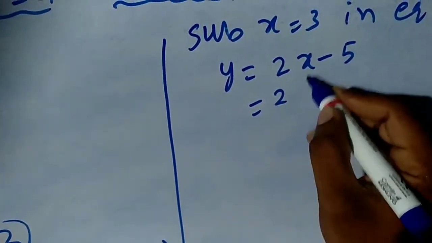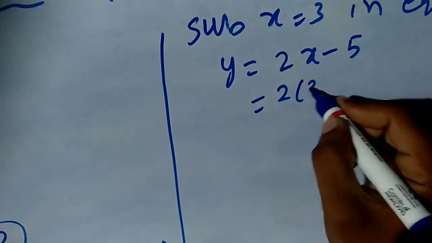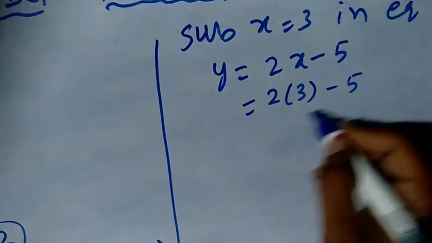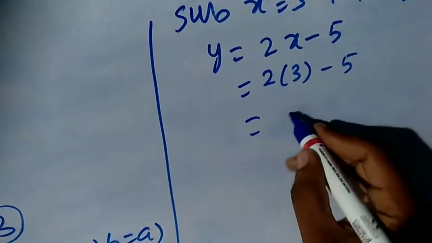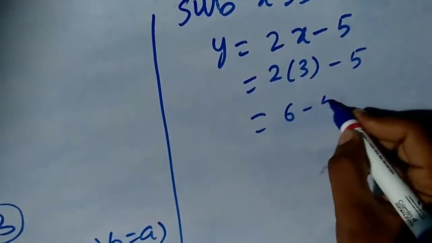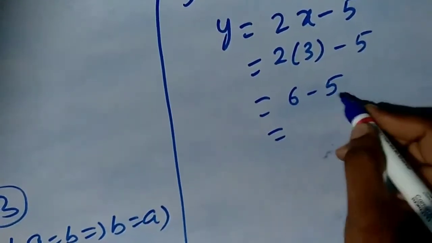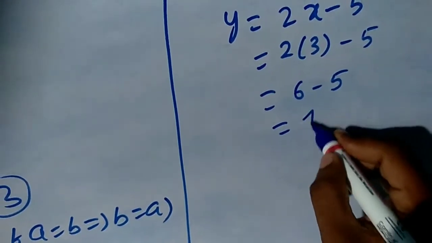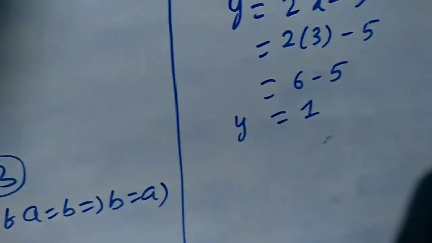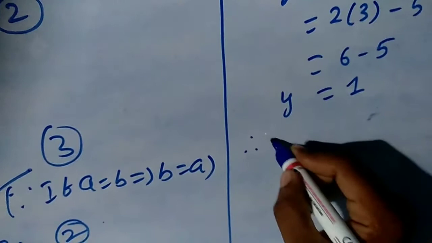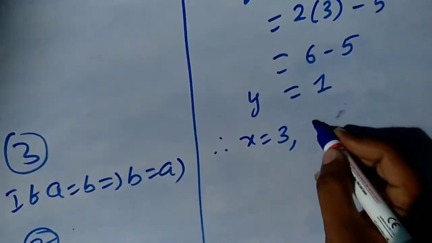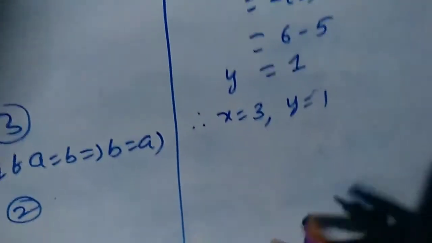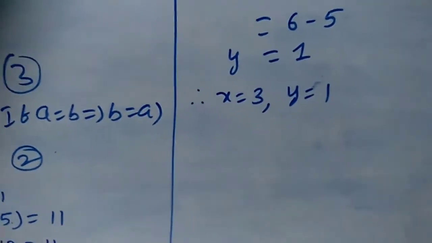So 2 into the x value, which is 3, minus 5. 2 threes are 6, minus 5. 6 minus 5 is 1. So the y value is 1. Therefore x is equal to 3, y is equal to 1.